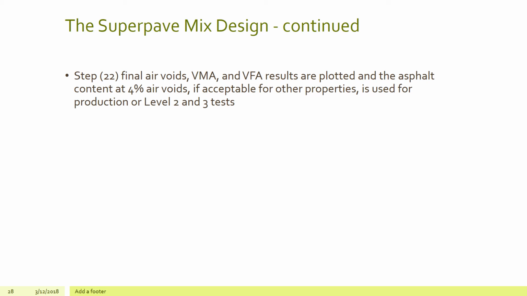We then do the final air voids. We look for the VMA, the VFA. Results are plotted, and the asphalt content at 4% air voids that is acceptable for other properties is used for the level 2 and level 3 tests.